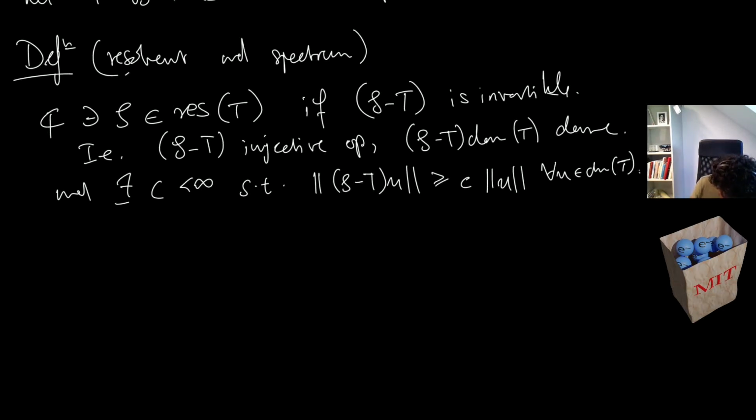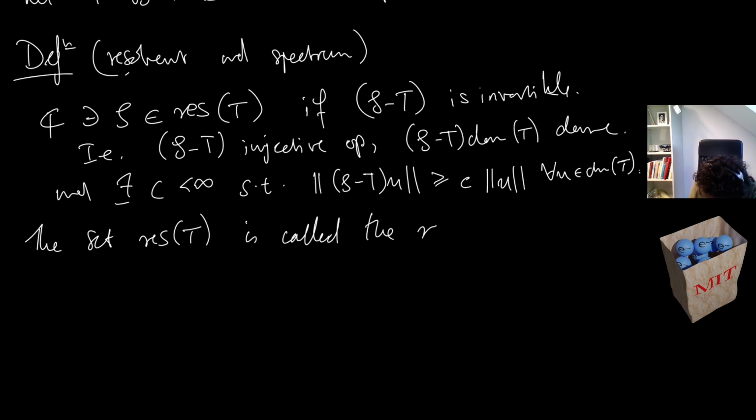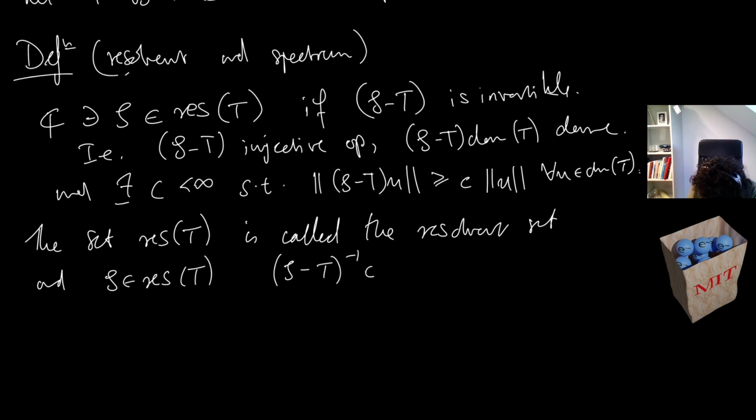Okay, so the set res T is called the resolvent set. And for zeta in res T, (zeta minus T) inverse, which is a bounded operator now in B, is the resolvent.